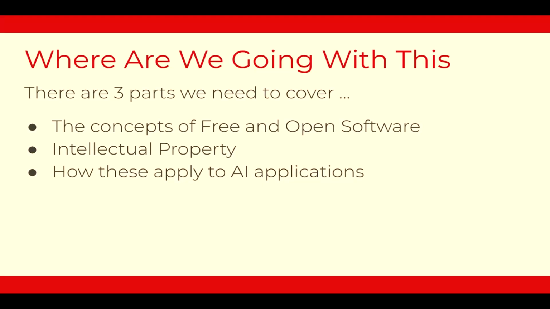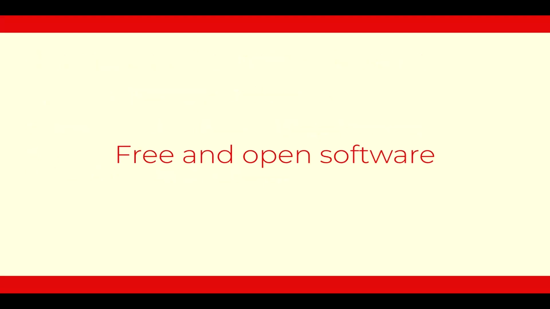And we'll also take a quick look at intellectual property, because it impacts what we can do with AI. It impacts how we can open source things. It impacts the types of things we can make available to others. So we'll talk about those first, and then we'll take a look at the open source AI definition as it's come out, and see what we think about it and whether it matches our concepts of free and open.